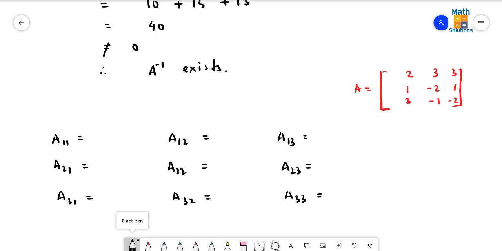Let's find out the values. I am directly writing down the values because these are exactly similar to the previous question.